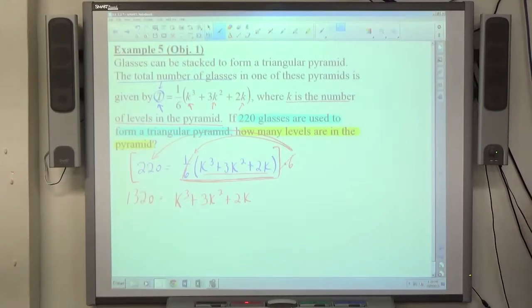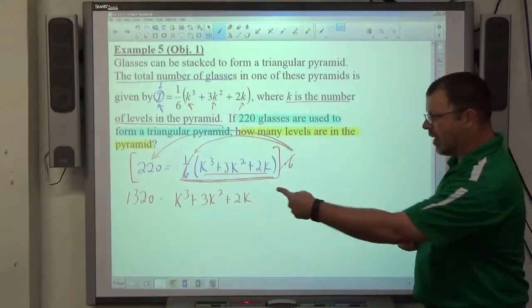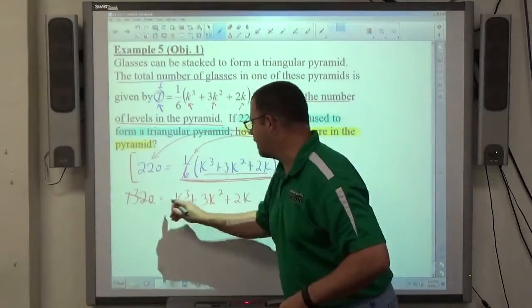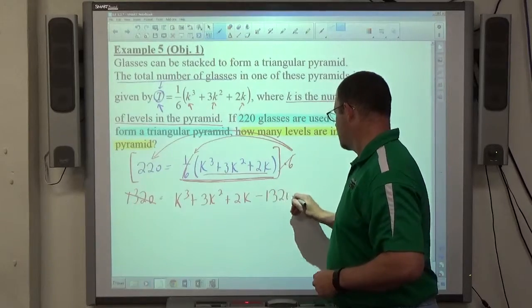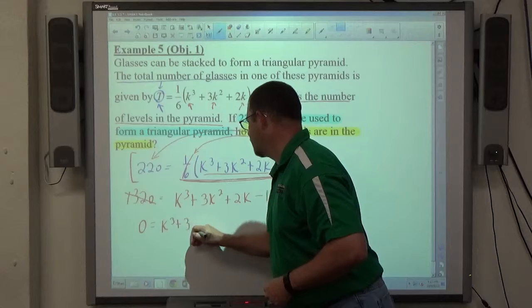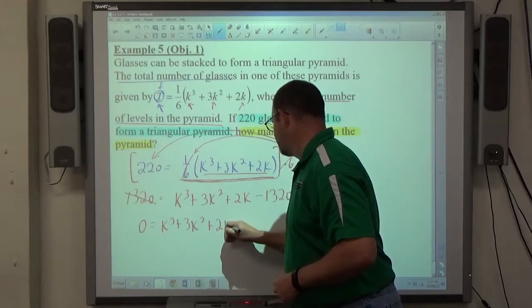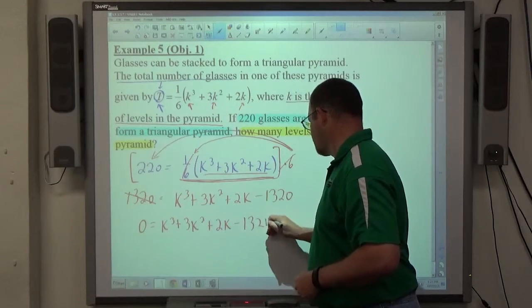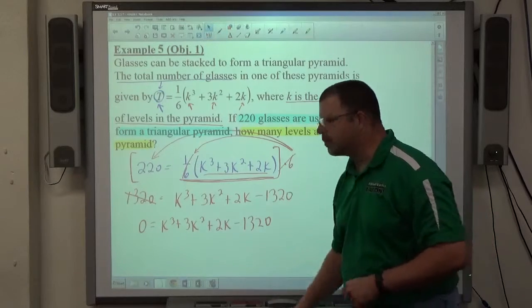At this point, we're looking at a cubic function, and we're trying to find out what k equals. So I'm going to just slide the 1320 over to the right-hand side. So 0 is equal to k cubed plus 3k squared plus 2k minus 1320. Now the secret to this problem is this.